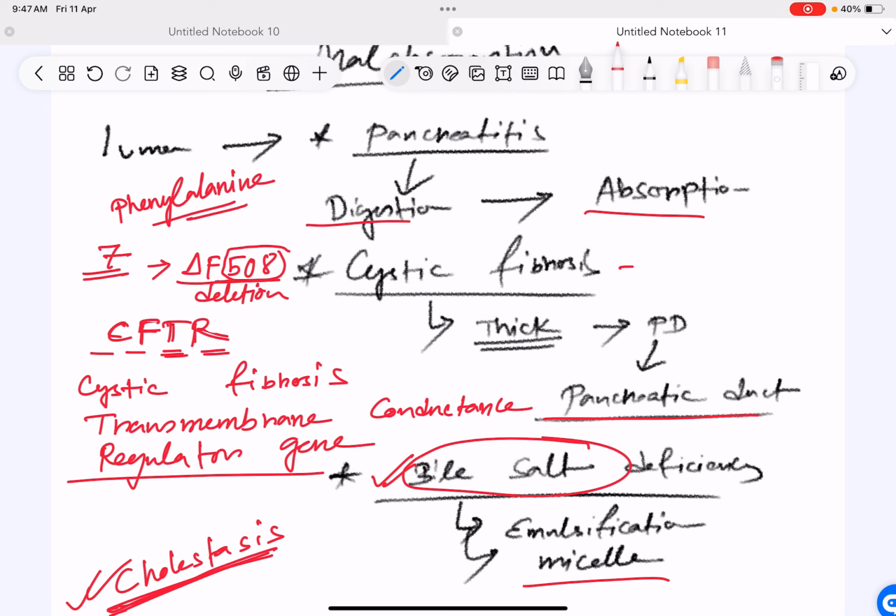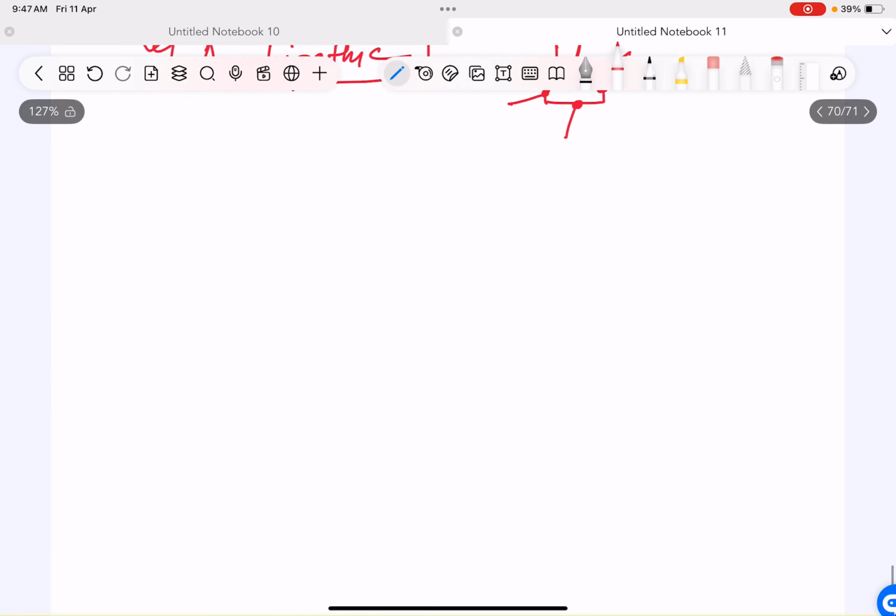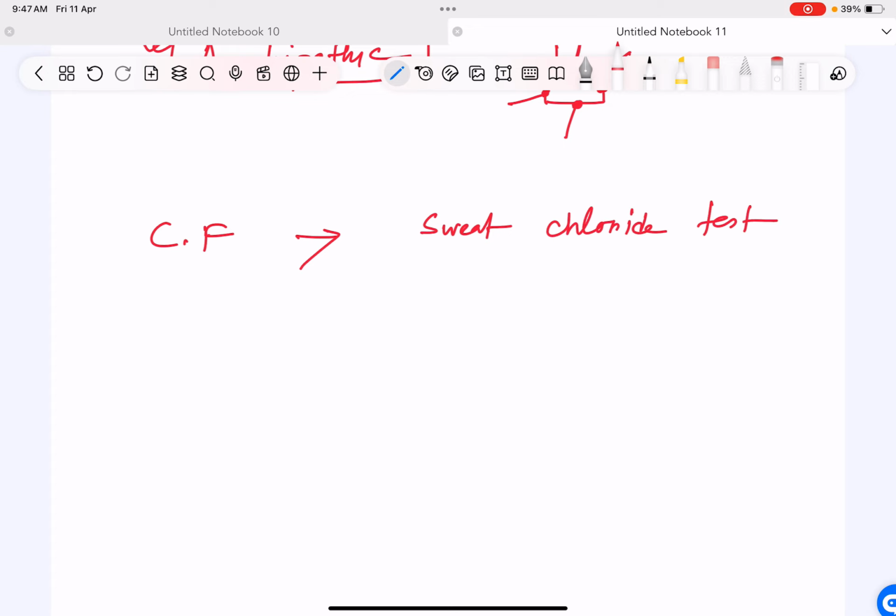And how is it transmitted? It is autosomal recessive. If I ask you what is the gold standard test for cystic fibrosis, how do you confirm it? Sweat chloride test, where if you find chloride levels more than 60, it is confirmatory.